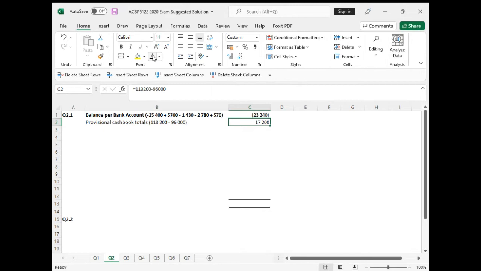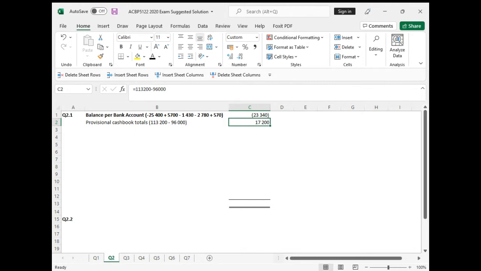Now because we're only adding the net amount, you take the 113,200, which is your receipts, which would be the positive, and we deduct the 96,000, which is the payment, to get to the net movement that we need to add to our balance. If you don't like this method, you can show them separately as a positive and a negative. You do not have to show them as a net amount. We will accept either or. Okay, so that is the provisional cash balances.